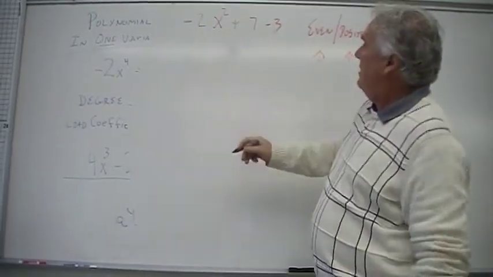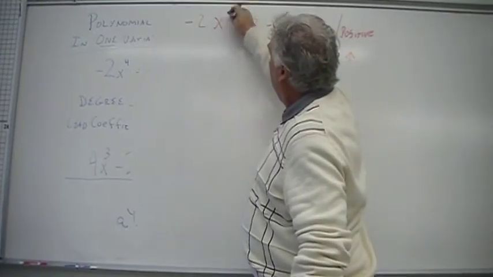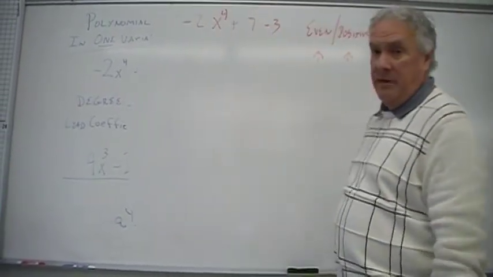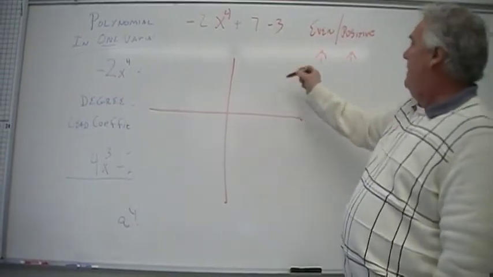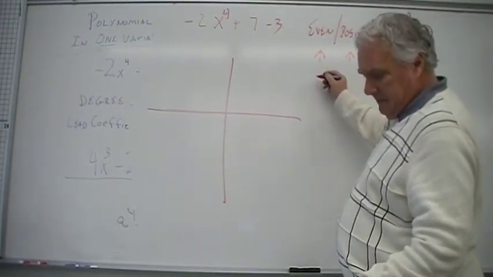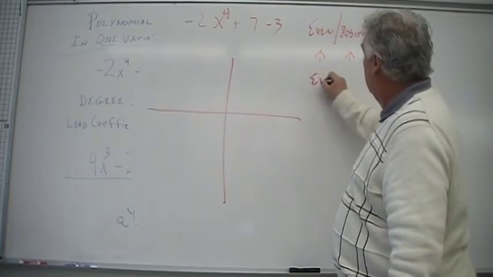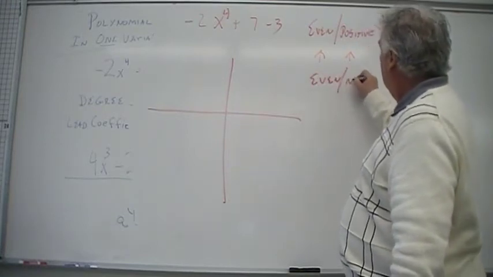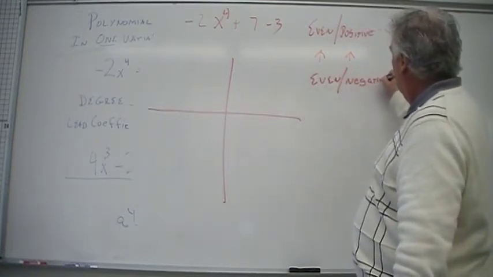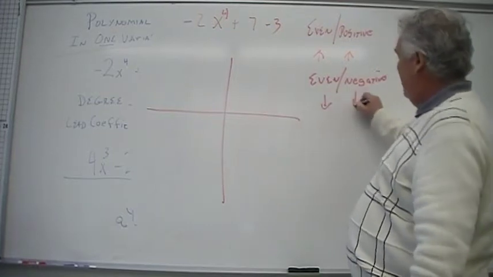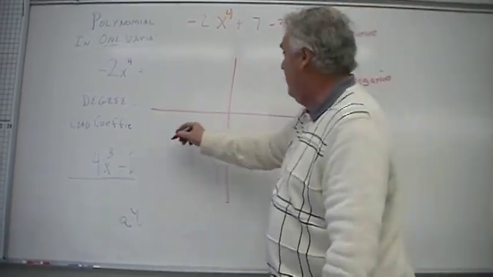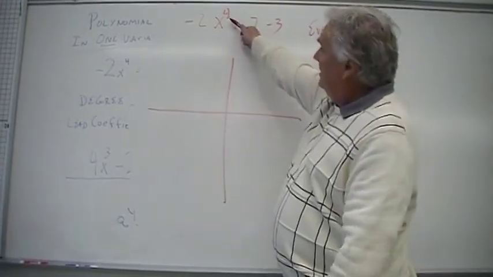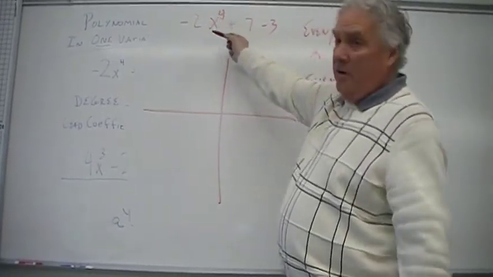If it was that, and say I change that to the fourth, what we would have is, if it's even and negative, the end behavior is down, down. The end behavior of the polynomial will be going down. This crosses the axis. We're going to have no more than 4 zeros.